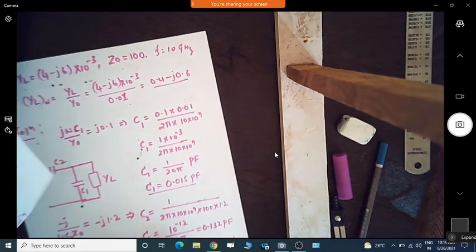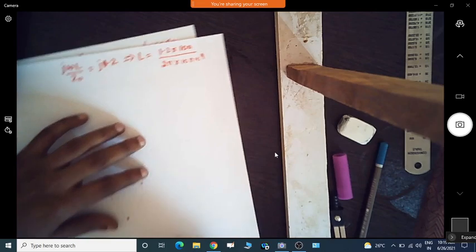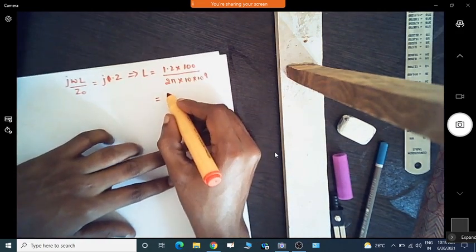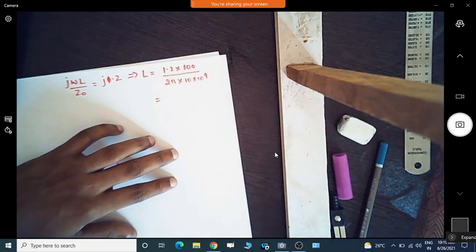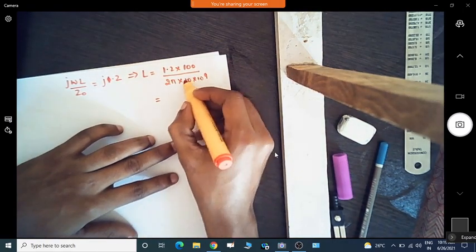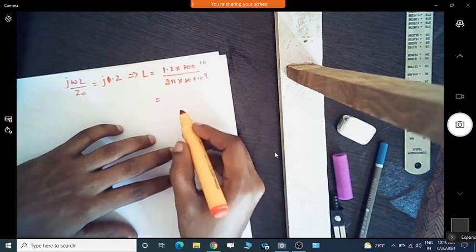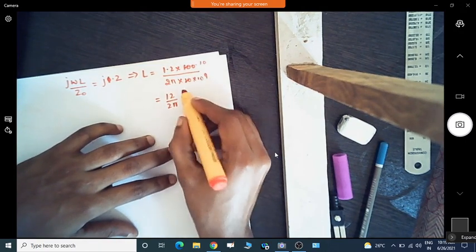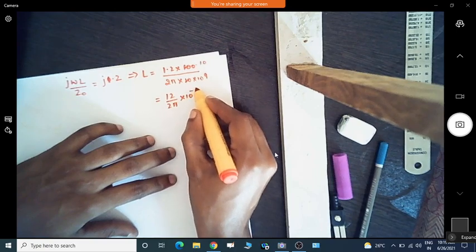So you try to do it, the inductance value, calculate it. So this is equal to, this is 10 times it will go, and we have 12 by 2 pi into 10 power minus 9.